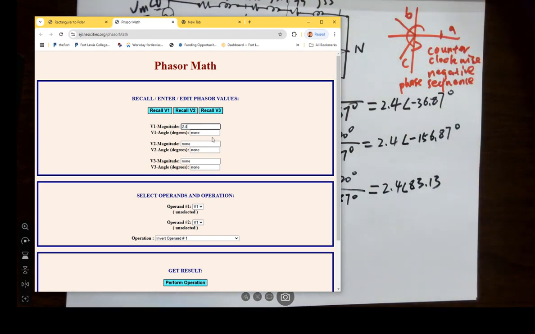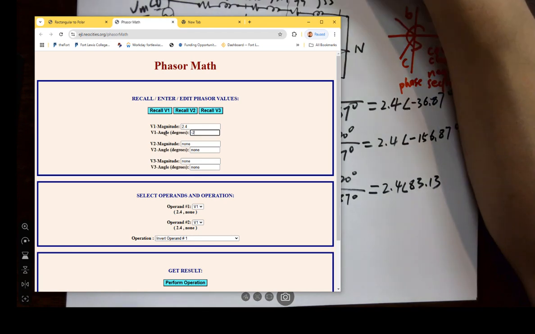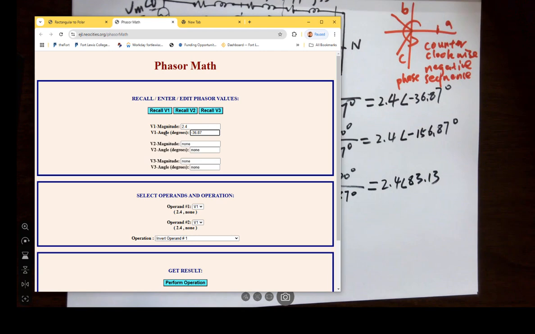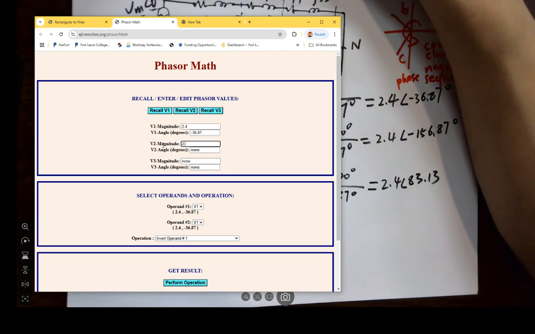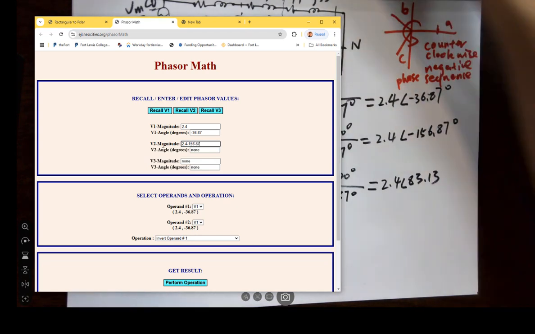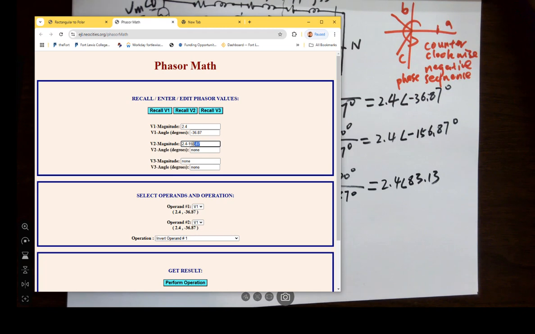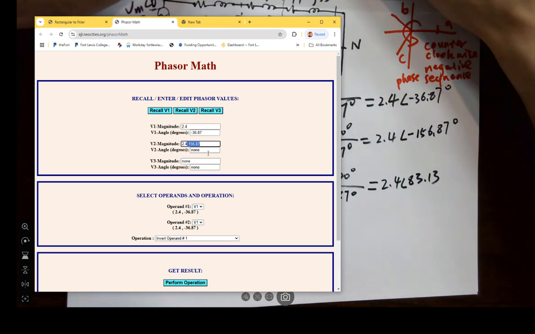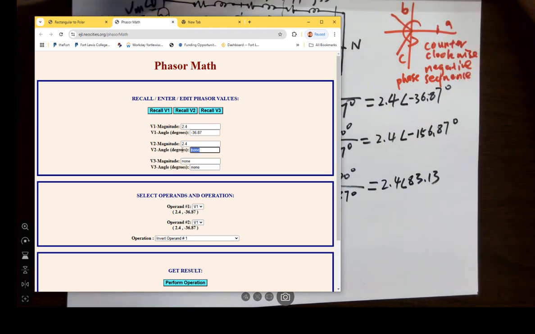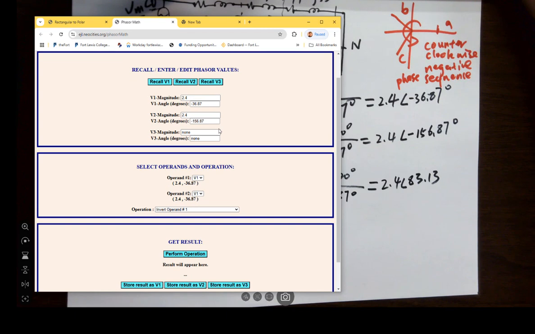2.4 with negative 36.87 degrees and 2.4 negative 156.87 degrees. And the third one, we'll add the third one to it later, okay?